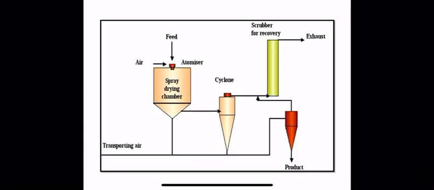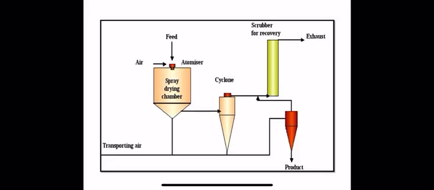If you see the arrow on the left-hand side on top of the spray drying chamber, that is the feed, that means the food which we have to heat or dry. We pass this into the spray drying chamber.